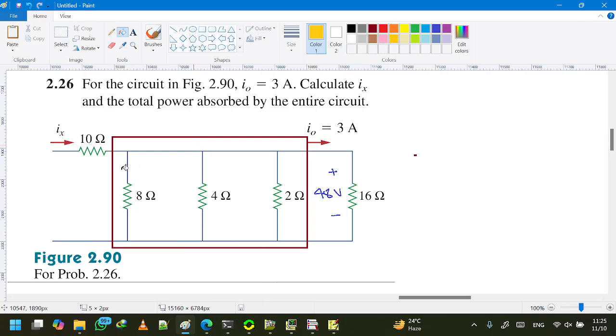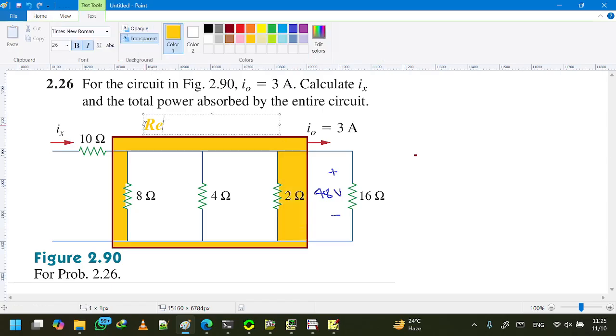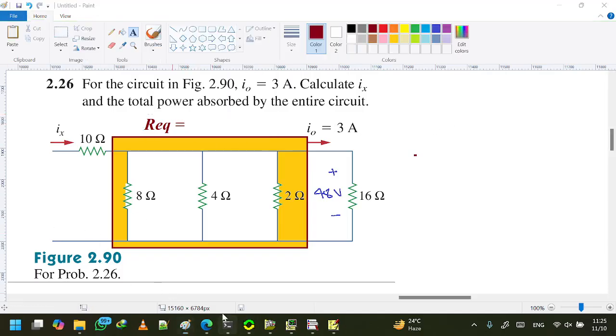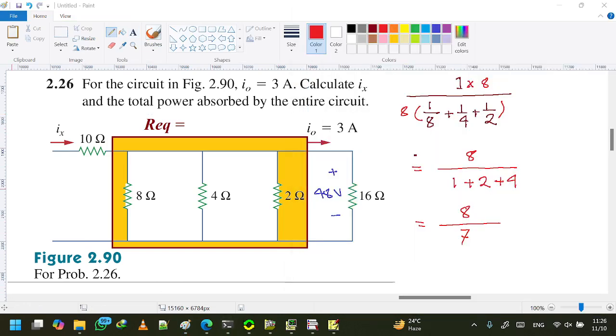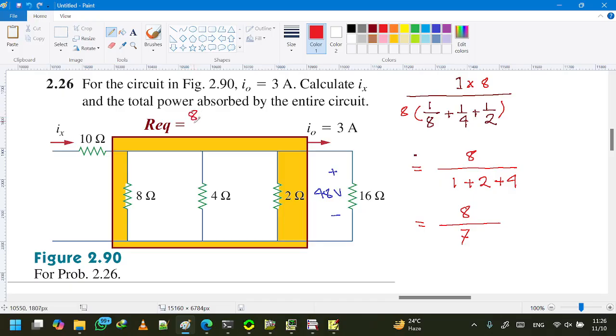So this yellow colored box will have the R equivalent after calculation. Let us see how much. So R equivalent is 8 by 7 ohm.